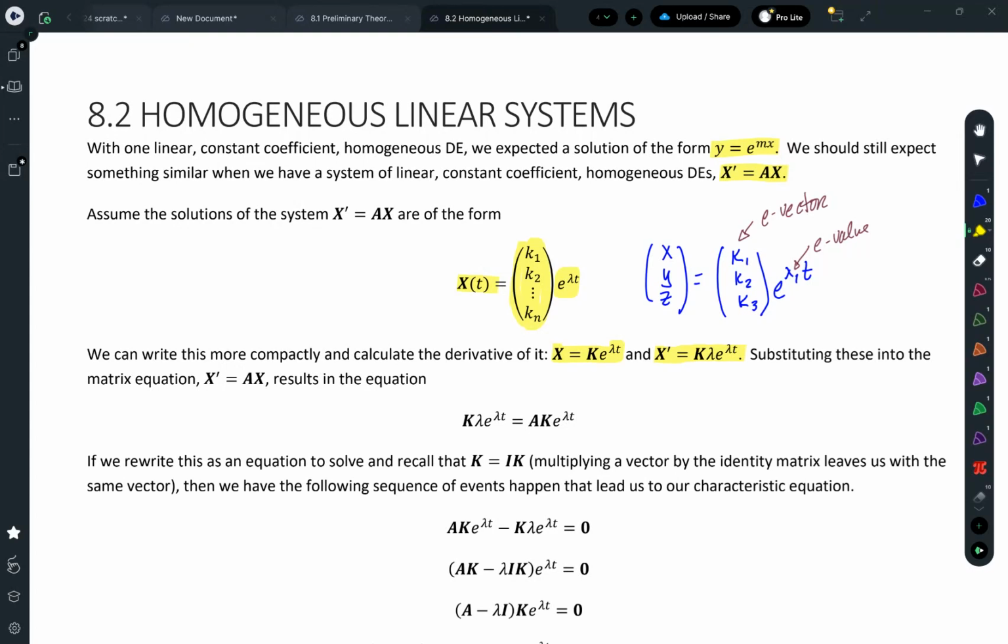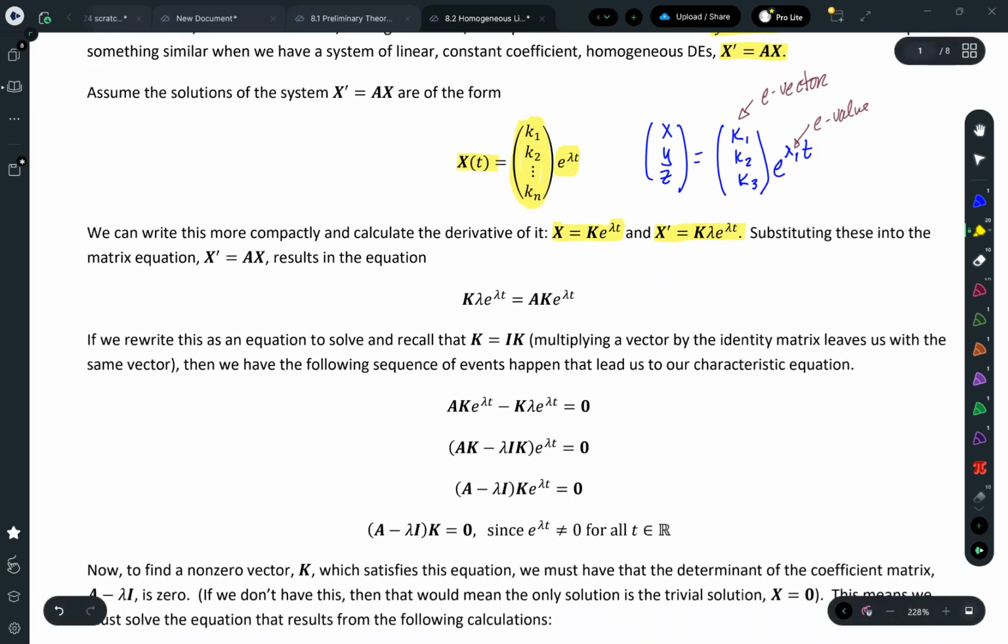When we substitute these forms for x and x prime into our matrix equation, x prime equals Ax, we get this equation: k lambda e to the lambda t is equal to Ak e to the lambda t. On the left, we have the x prime, and on the right, we have the Ax.